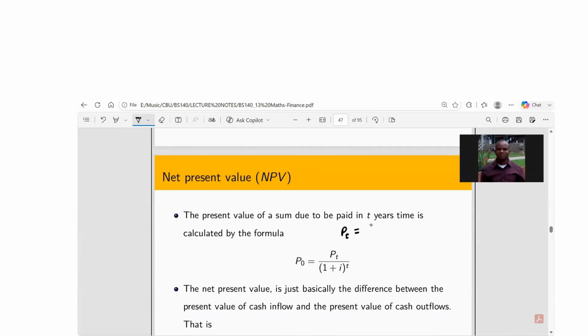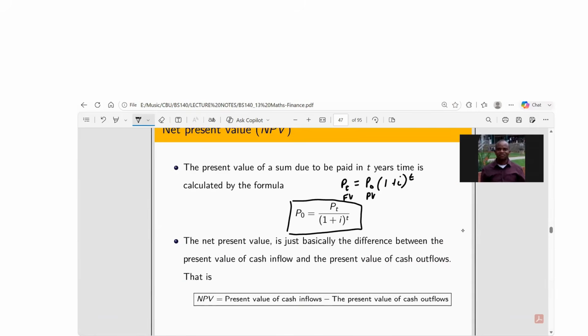Future value is equal to present value times 1 plus i to the power t. And we see that when we make P naught the subject of the formula, which is the present value, because remember we said this is future value and this is present value, it gives you this beautiful formula here. Okay, this is a present value.